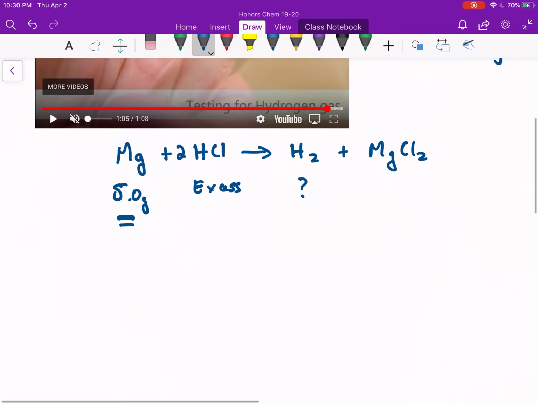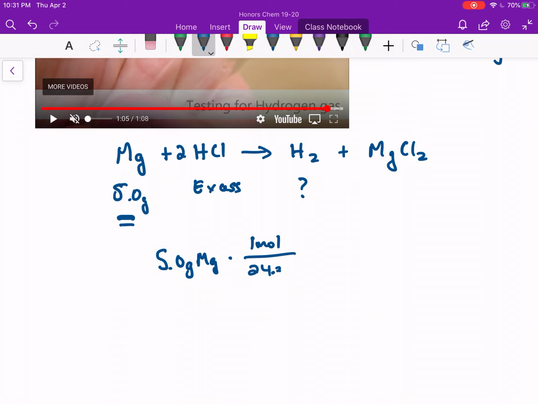And so to do that, we're going to say, okay, well, we have 5.0 grams of magnesium. And first thing we want to do is go into moles, right? So for every 1 mole, we have 24.31 grams. And now it's going to give us 0.206 moles of magnesium.